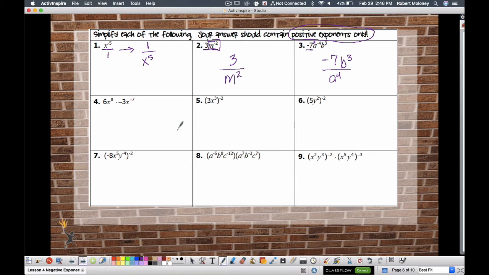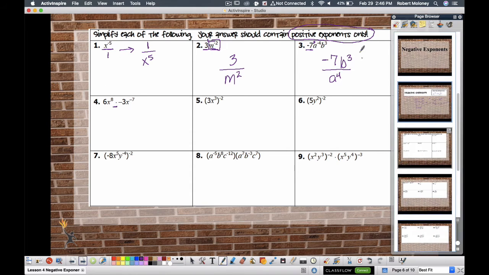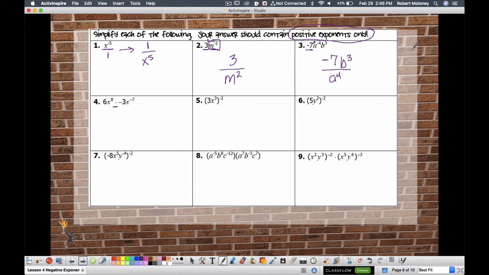Now let's take it up a notch. Let's take a look at a number with an operation attached to it. So we have multiplication. The product rule says we multiply the coefficients and then we add the exponents. One thing you have to remember at the very end is that the negative rule applies last.